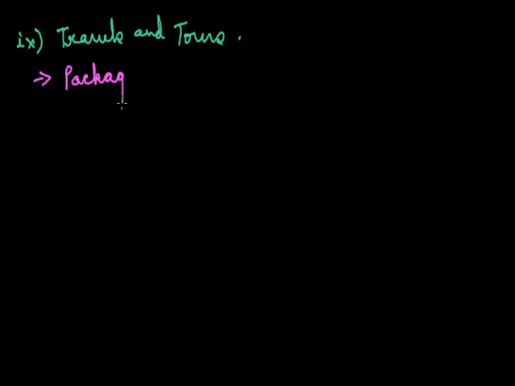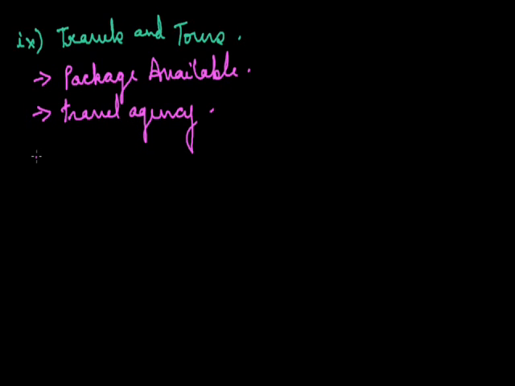Coming on to the next point, that is 9th, travels and tours. If I speak about travel and tour, the important points for this type are, you have to begin with package available, and you have to write the name of the travel agency, give detail of the destination and the duration.